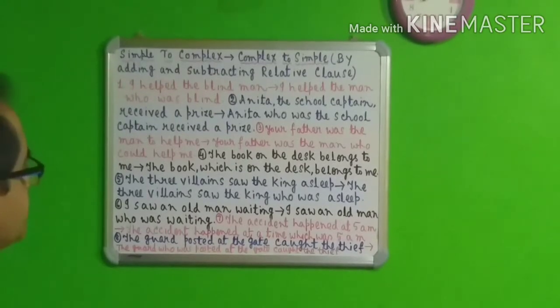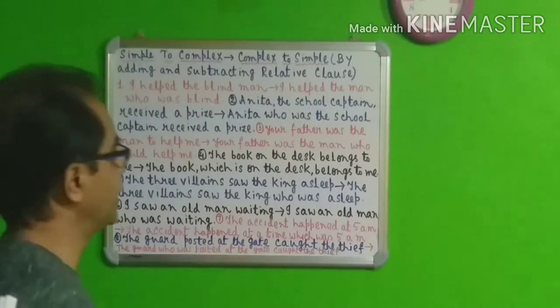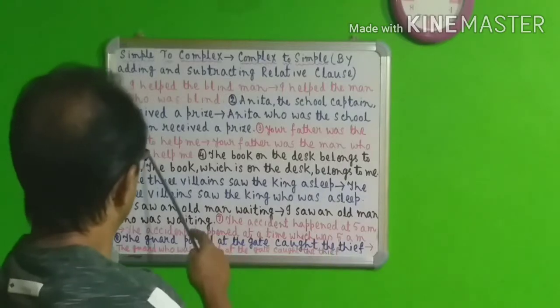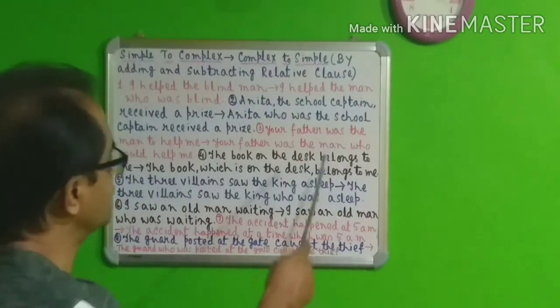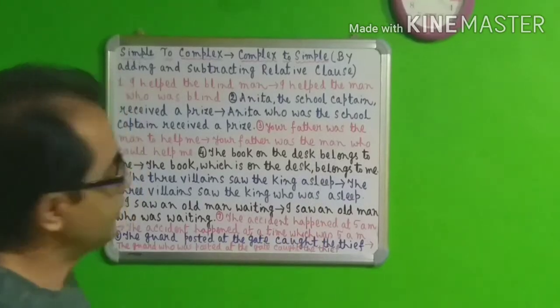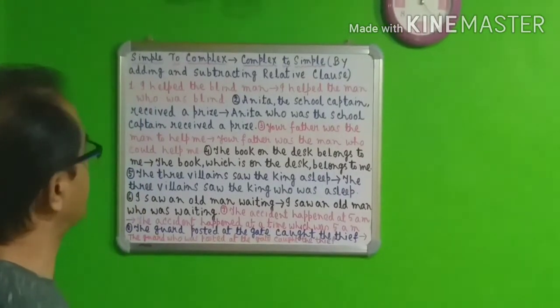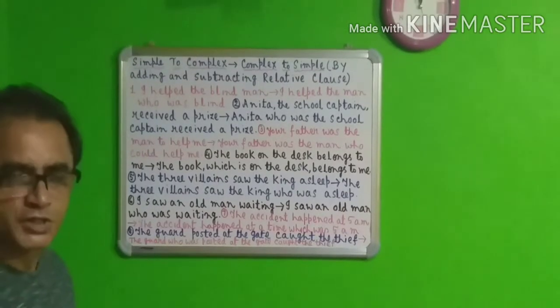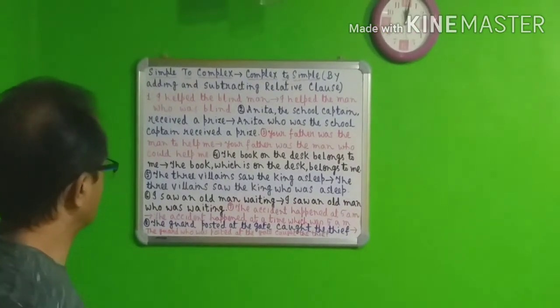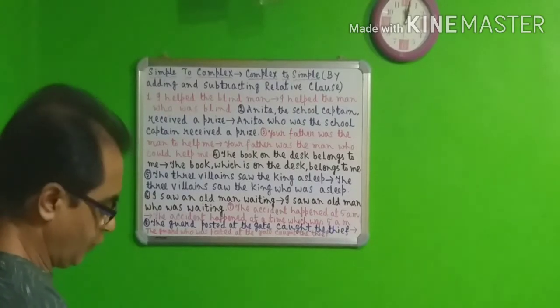You see the meaning is the same, only we have used a relative clause. What is the relative clause? Who could help me. It is a relative clause or adjective clause because it qualifies the noun man. So it has become a complex sentence using an adjective clause or relative clause.